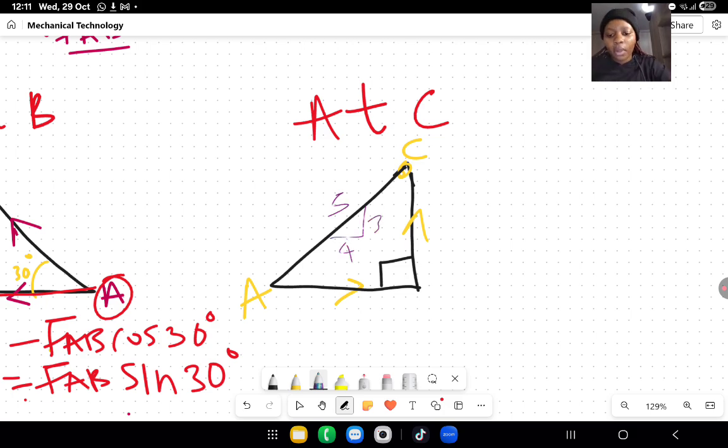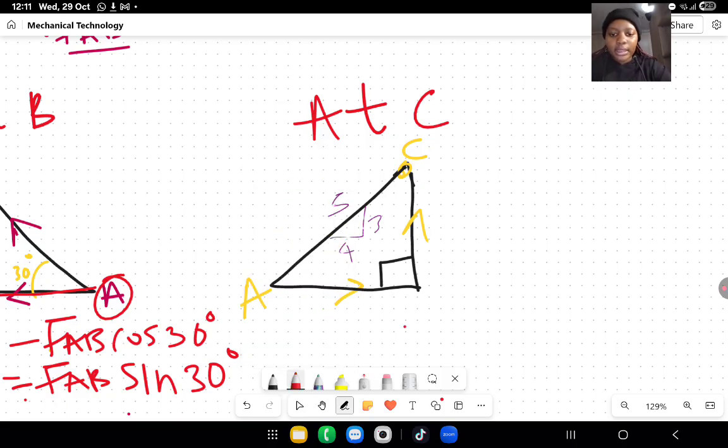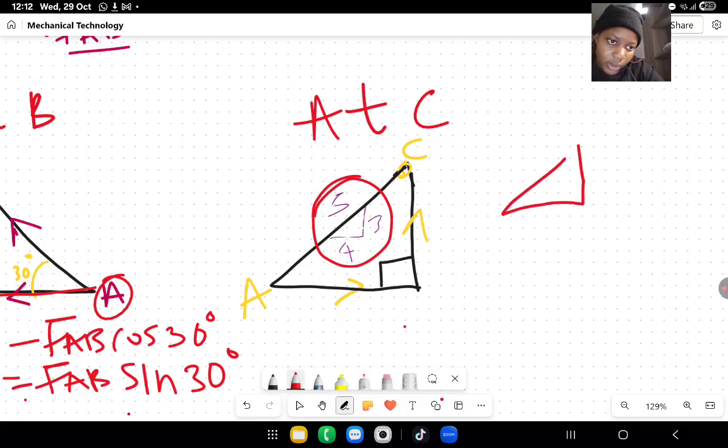You have to know that this smaller triangle can help us get the angle and can also help us to calculate more. So let us draw this smaller triangle outside so that we can get our sides, which is 5, 4, and 3.